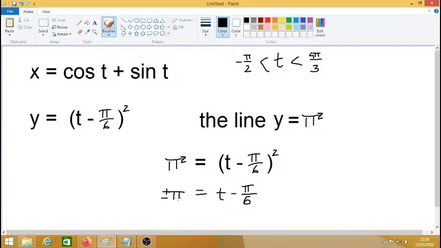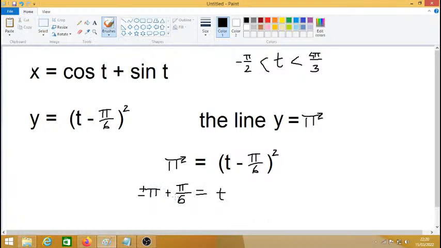So then rearrange. We can't rearrange very easily if we've got a plus or minus here, but you just have to get used to it. We can split it into two equations, but let's just keep it there. Remember, pi is not an unknown, it's a constant. It's something we know. So we can bring the minus pi over 6 across, and that'll become a plus.